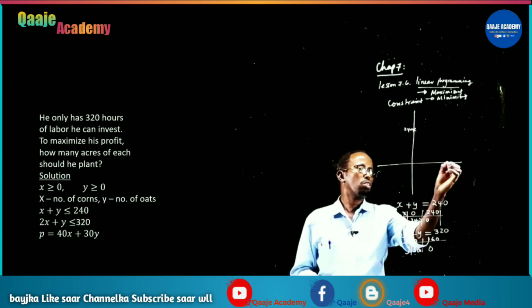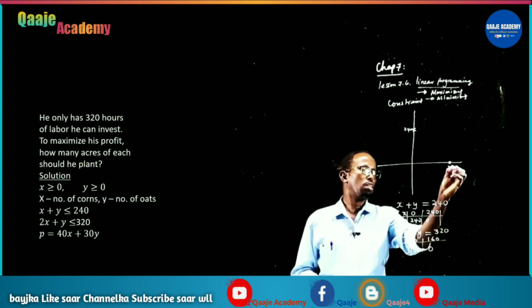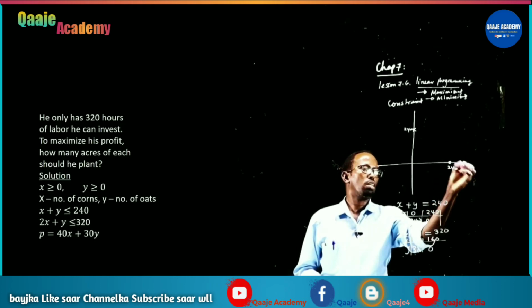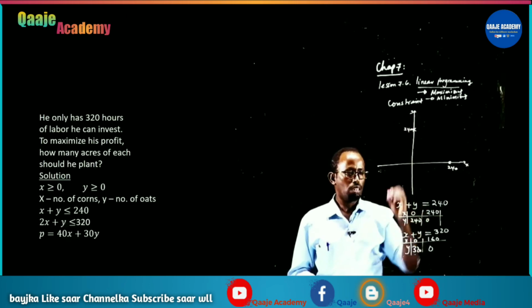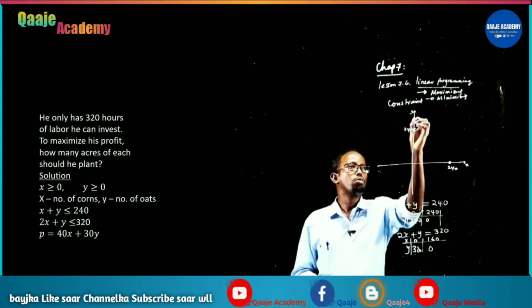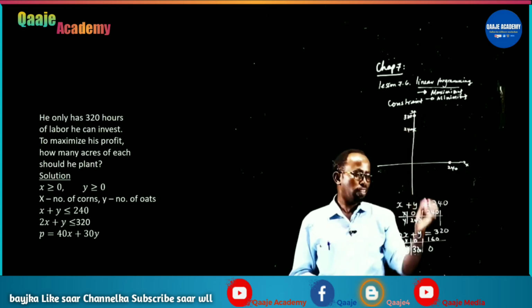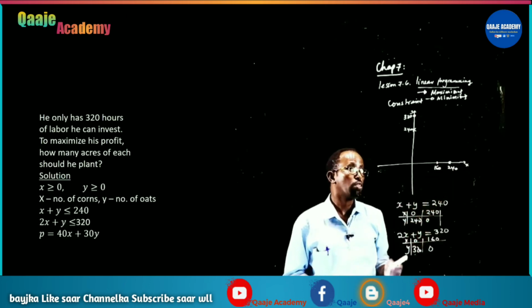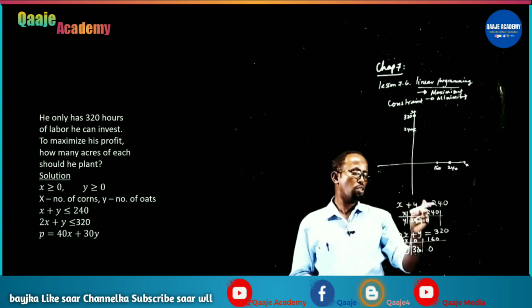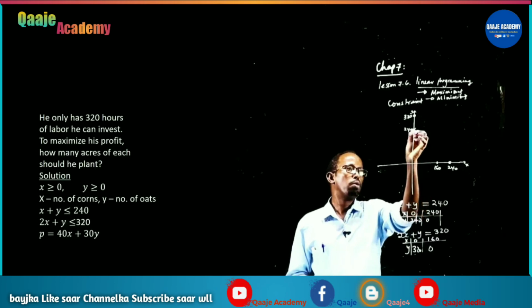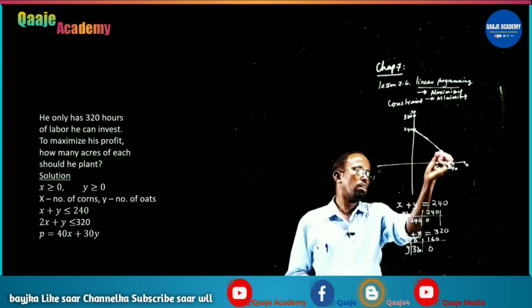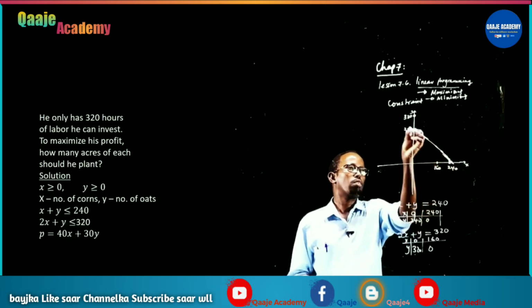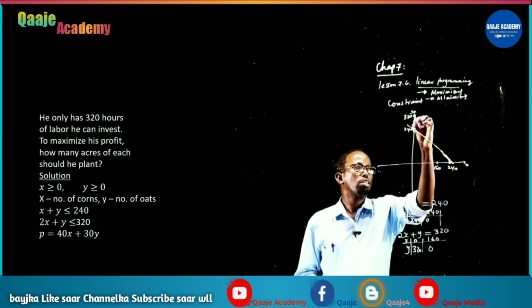And then 240, 0, somewhere here. Then the next one is 0, 320. 320 is above 240. And then this one is 160, which is below the 240. These are solid lines, so you join the points using a solid line. And this one you also join.